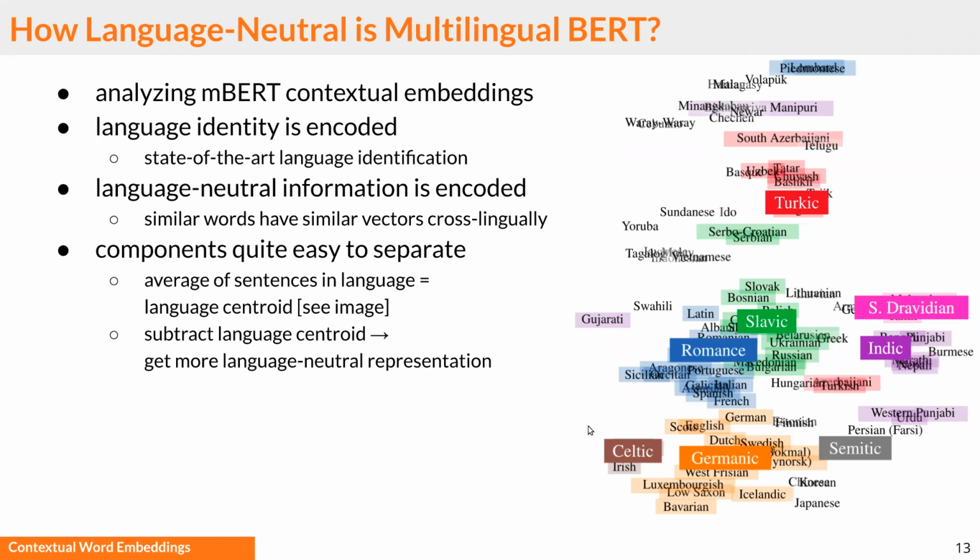And this means that when you do have the language identity as this kind of language centroid, the language embedding, you can just use plain subtraction to remove the language identity from the embedding, and what you get is some kind of representation which is more language neutral.